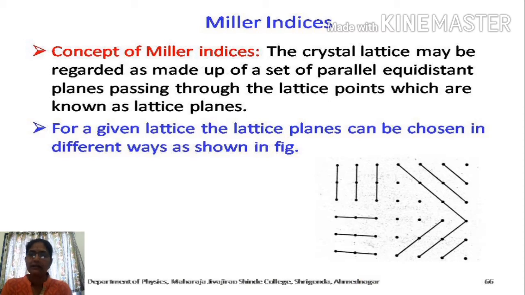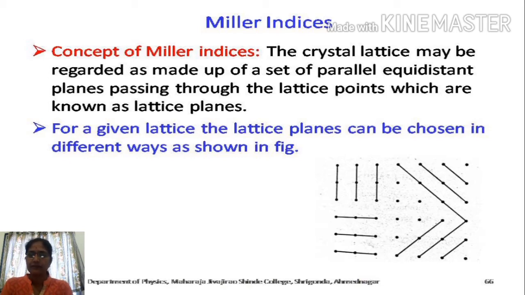It means that their d value will change, but the a value will remain the same. So, Miller is a scientist who has assigned a single number to define the set of parallel planes by three numbers, and these numbers are called Miller indices. It is represented by small hkl and they are mentioned in brackets.